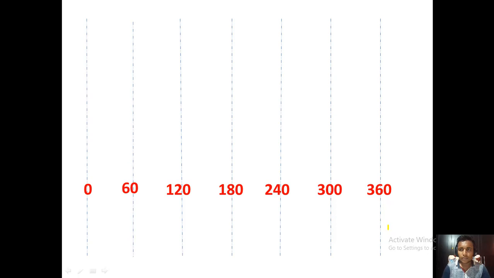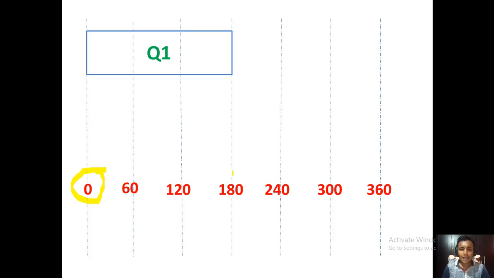Now starting with thyristor Q1, it is fired at alpha equal to 0 and conducts till alpha equal to 180 degrees. You can see it is on from 0 degrees and remains on till alpha equal to 180 degrees.